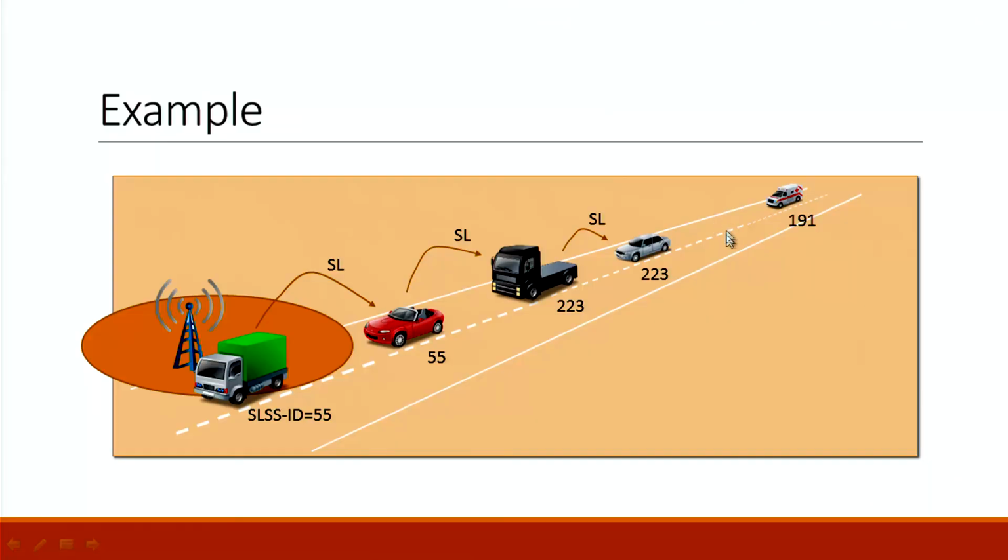So anyone who is between the gray car here and the ambulance here, which one will it pick? It will pick as a sync ref the strongest signal. If it's close to the gray car, it will pick the gray car.